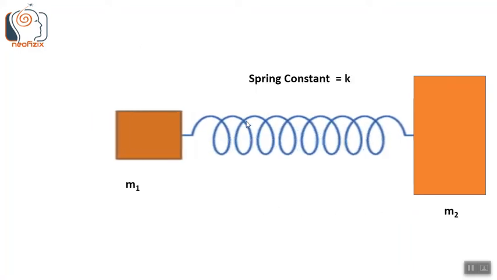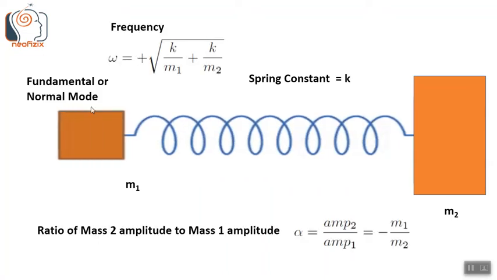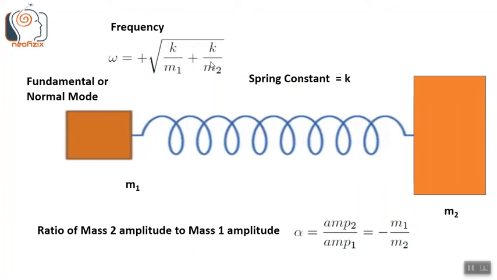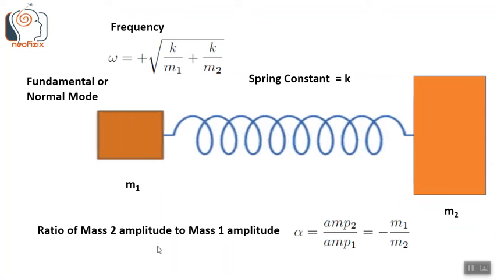That is, if m1 and m2 are the two masses attached to a spring of spring constant k, then according to the force balance method, the system can have only one particular frequency. That is, omega equals square root of k by m1 plus k by m2. And one particular ratio of the amplitudes.